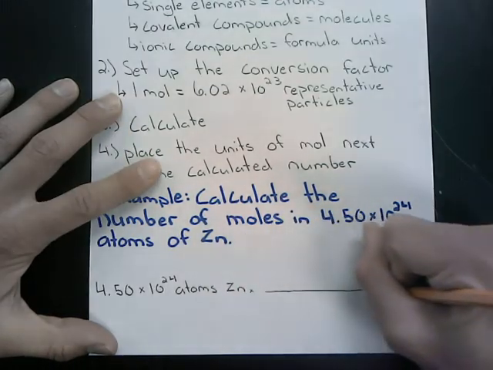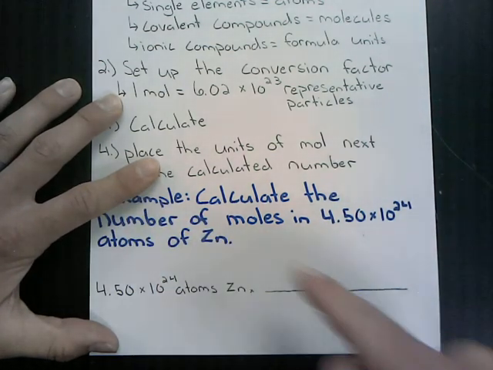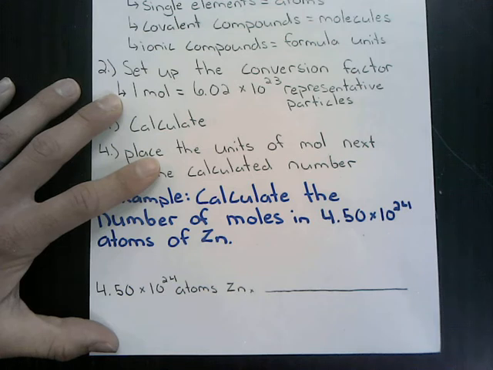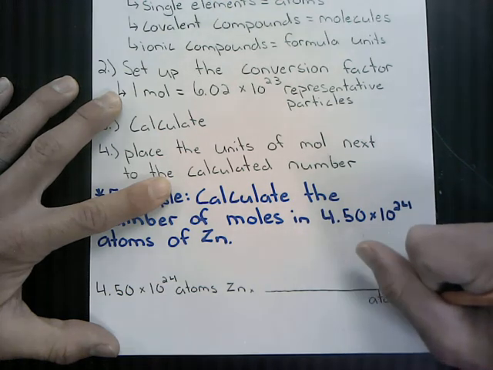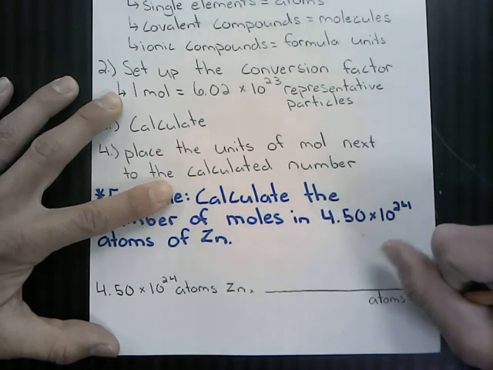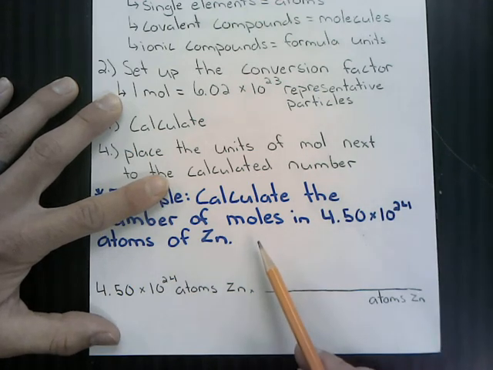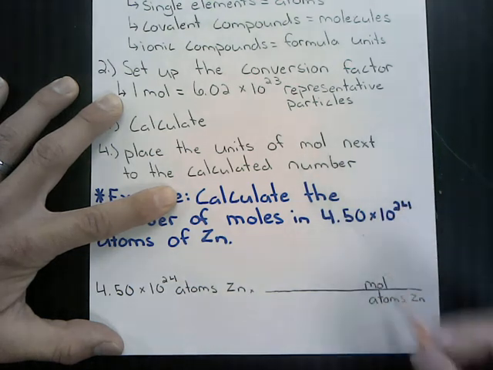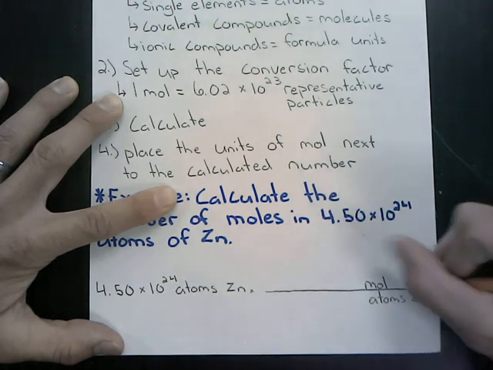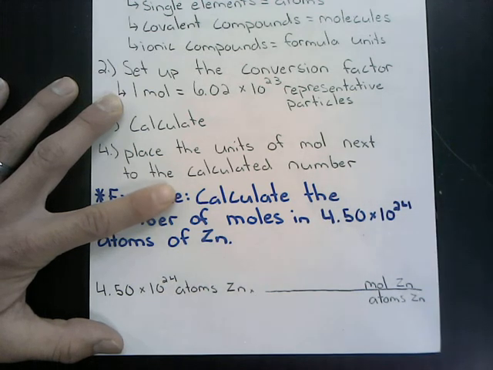Now, we set up our conversion factor. And I'm going to make this one a large conversion factor. And again, diagonal units have to cancel out. So because we have atoms of zinc, we need atoms of zinc on bottom. And up top, we are trying to convert to moles. And so we can put moles, and remember we abbreviate that as mol, and we have zinc on top.